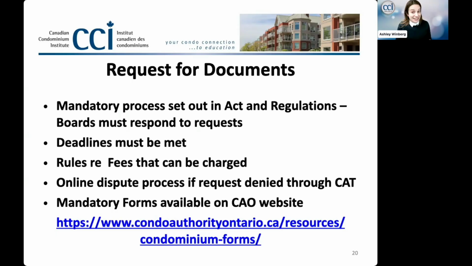If the corporation didn't respond within that 30-day time period, regardless of whether it is a core or non-core record, the individual could advance the matter to CAT, the tribunal. But if they are satisfied with the response provided, they then submit a response to the corporation. And then the corporation will provide them with the record.